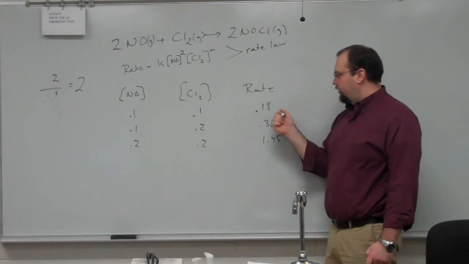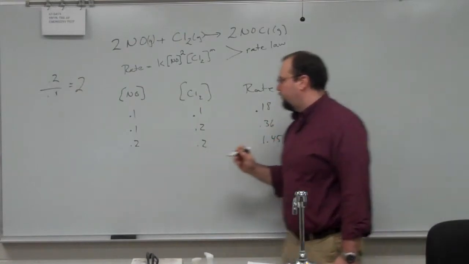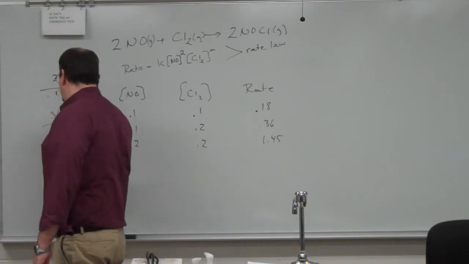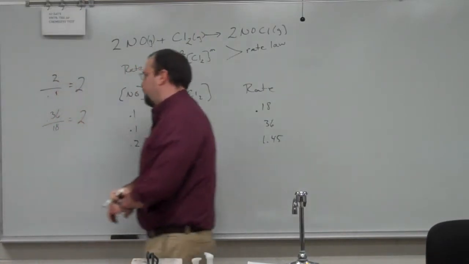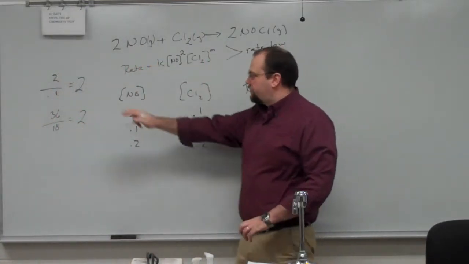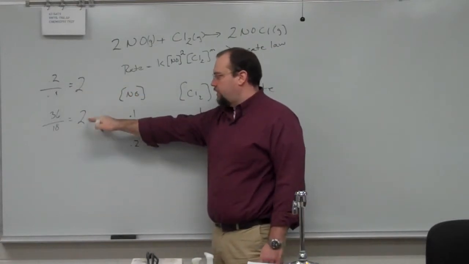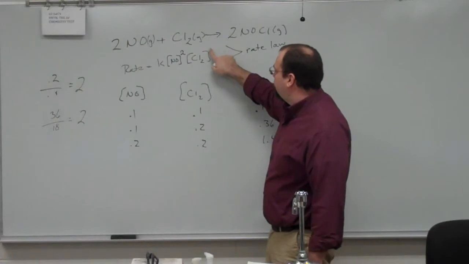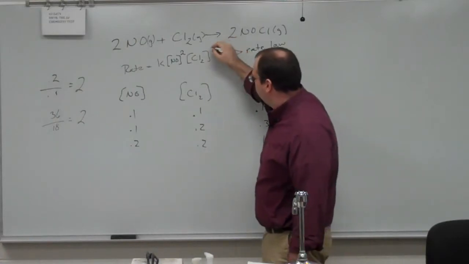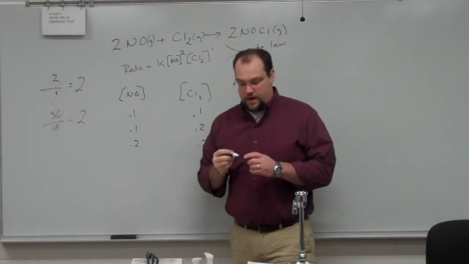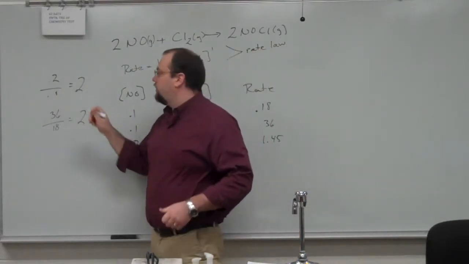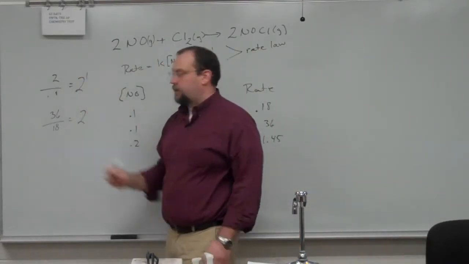And the rate goes from 0.18 to 0.36, and that's also a doubling. So if my concentration doubles, my rate doubles. That's a first order reaction, because if I take my concentration and raise it to the first power, it would be 2.